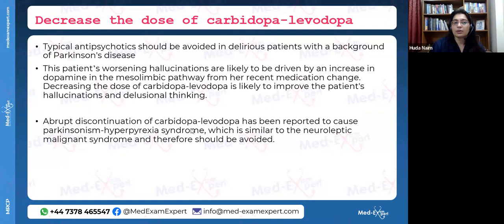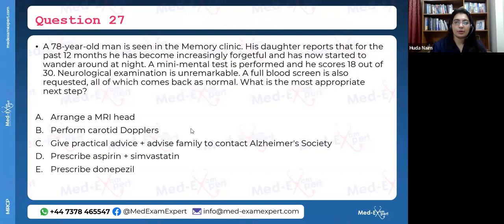Very important, you cannot stop carbidopa or levodopa because it causes parkinsonism-hyperpyrexia syndrome, which is similar to neuroleptic malignant syndrome. So you have to just decrease the dose, decreasing the dopamine level, and that would improve the patient's symptoms.